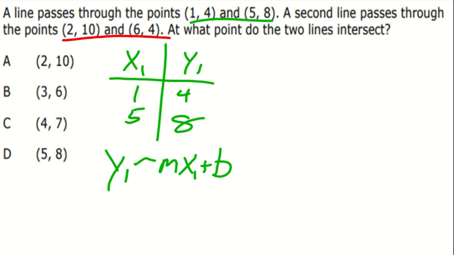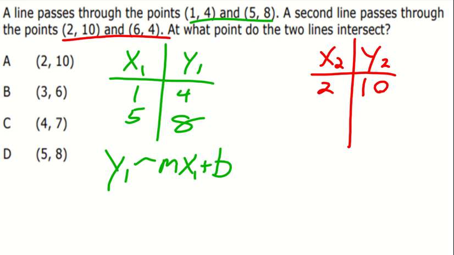For our second pair of pairs, we got to do a second table. 2 lines, 2 tables. When we do our second table, it's going to put 2's on everything. The main thing with that is when we go to get our equation or get the line drawn, we need to put 2's.